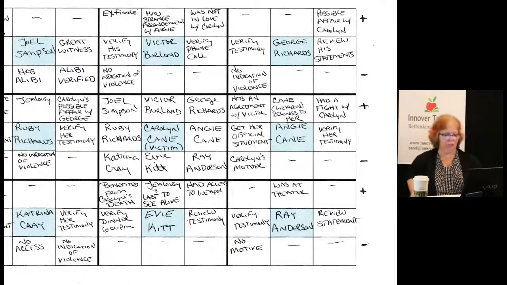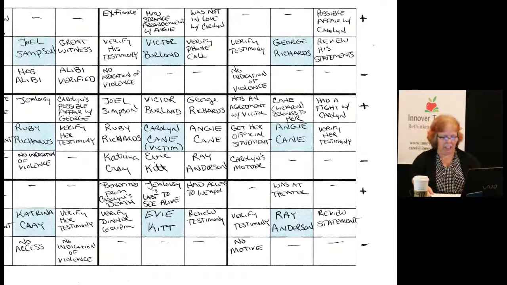Now what I'm going to do, if you notice there's a plus sign and a negative sign. The plus signs are the way I'm indicting this person. In other words, what makes this person a suspect? What makes me point towards this person? And then the minus sign is acquit. What makes me think about ruling this person out? And then once I've ruled them out, then I put ruled out in the center.